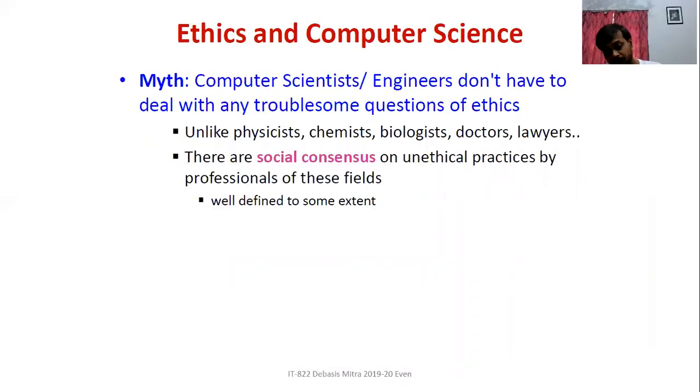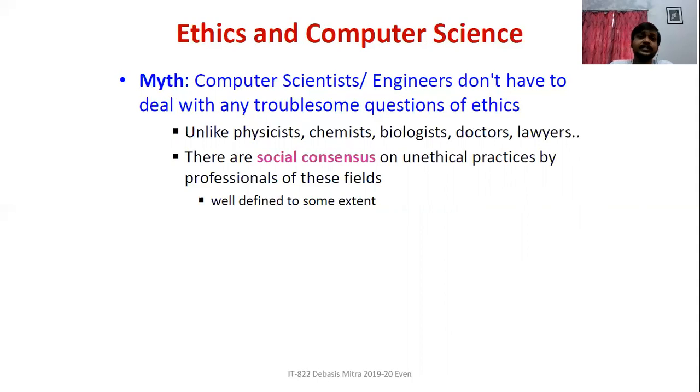Now, how is ethics important to computer science? As I mentioned in my first lecture, until a few years back, it was believed that computer professionals had nothing to do with ethics at all.